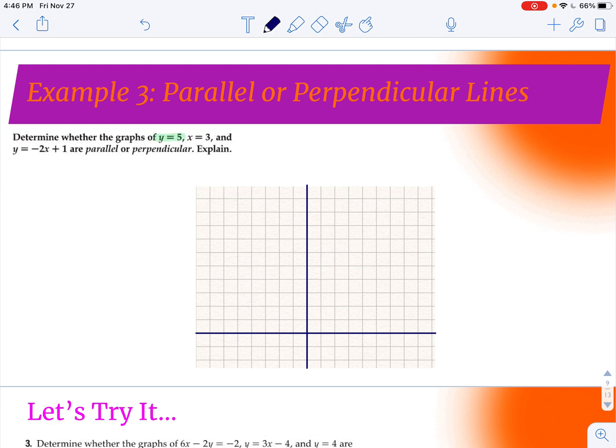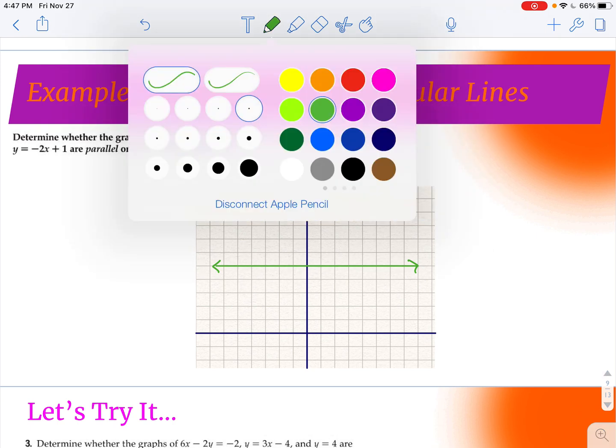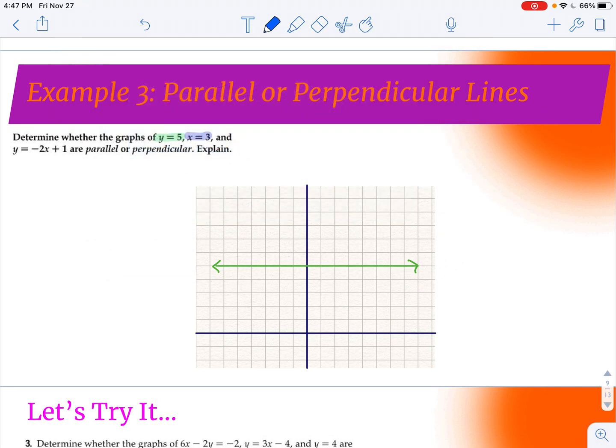So let's see, I've got y equals 5, which is just going to be up 5. 1, 2, 3, 4, 5, and draw a line through it. I've got x equals 3, which will just be 1, 2, 3 on the x-axis, and a straight line through that.